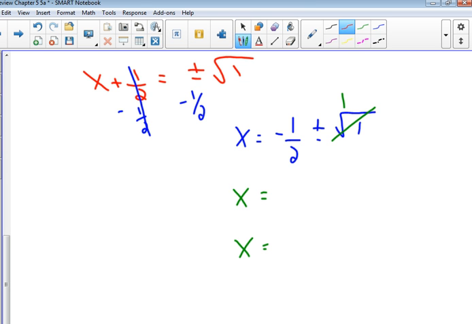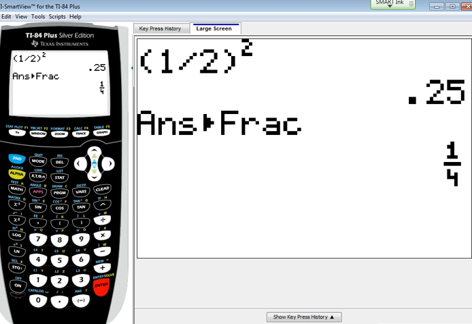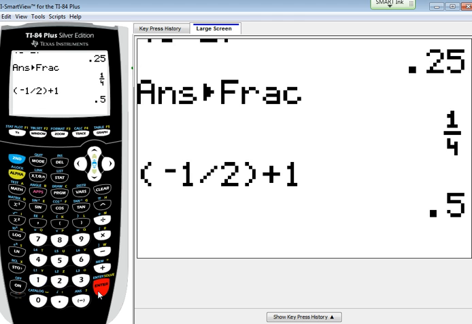Let's do negative 1/2 plus 1, then negative 1/2 minus 1. We need to figure out what this is going to be. Radical 1 is just 1, a perfect square, because 1 times 1 is 1. So now you take negative 1/2 plus 1, and we get 0.5.